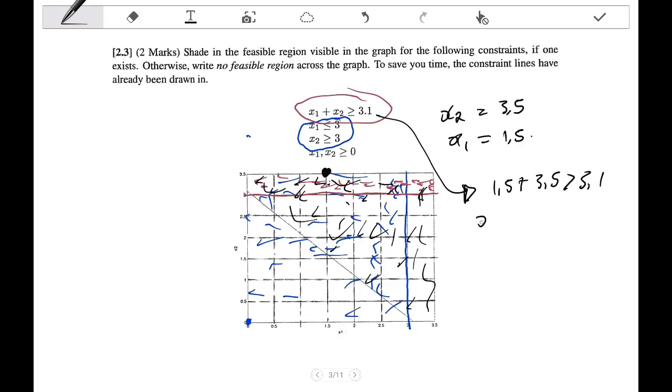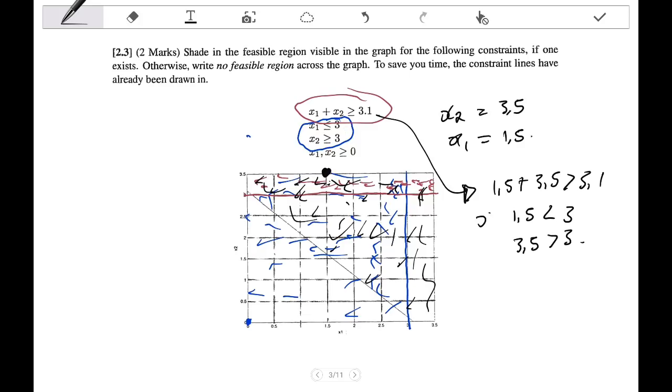The second one is x1. So x1, which is 1.5, must be less than 3, which satisfies that. Then x2 is 3.5, which must be greater than 3, which is true. So all of them are satisfied.